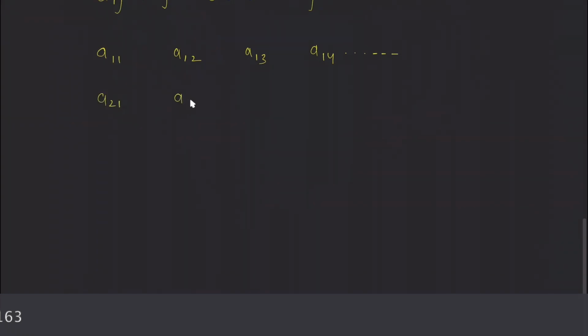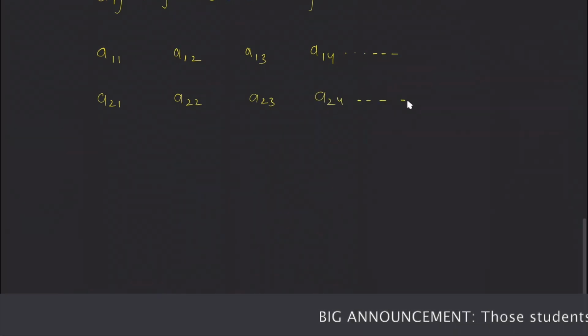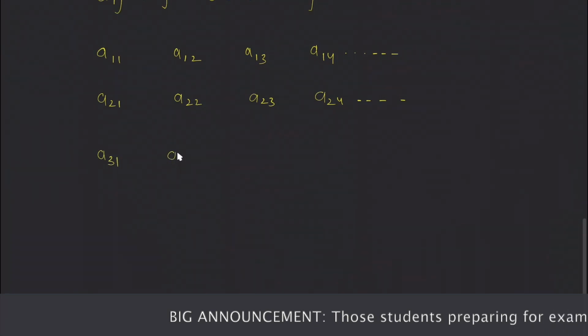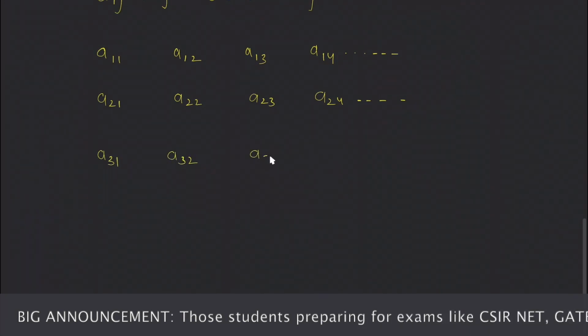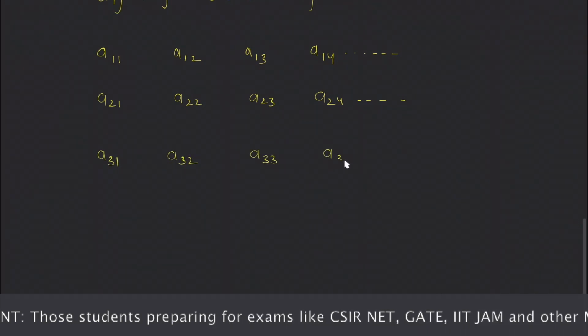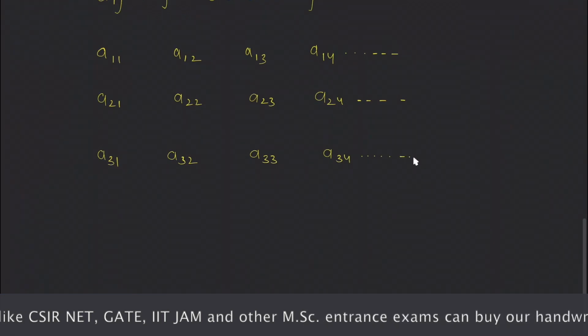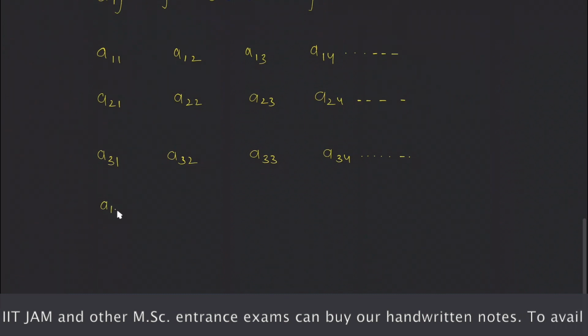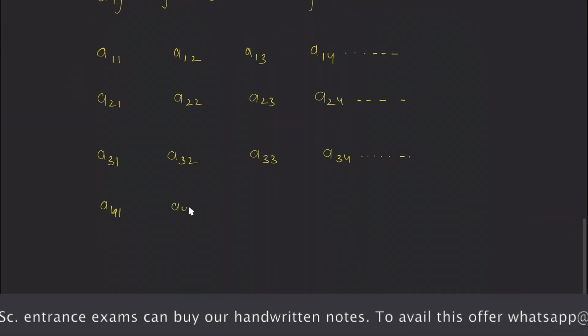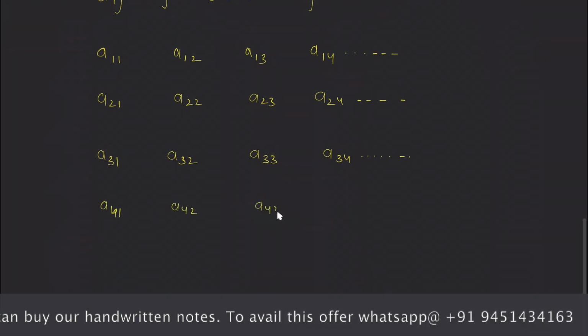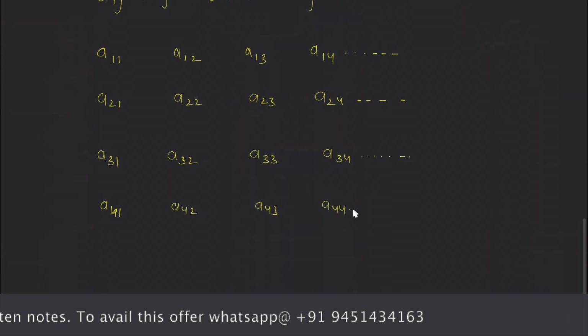A21, A22, A23, A24 and so on. A31, A32, A33, A34 and so on. Elements of the fourth set are A41, A42, A43, A44 and so on.